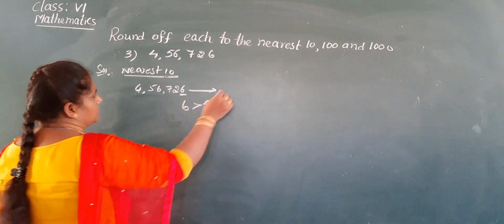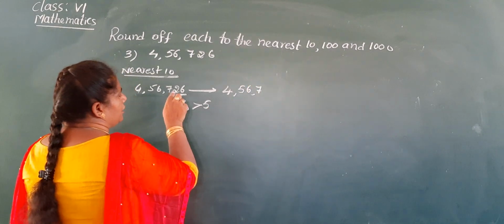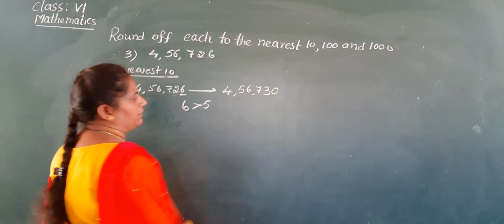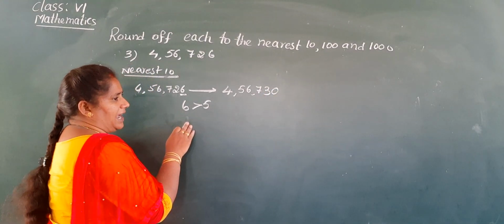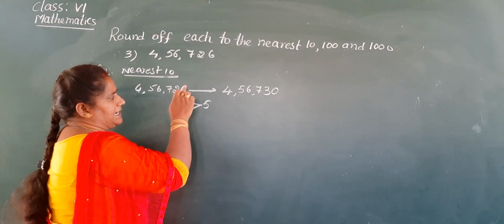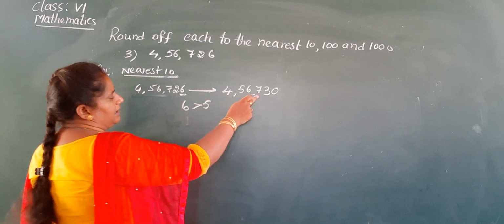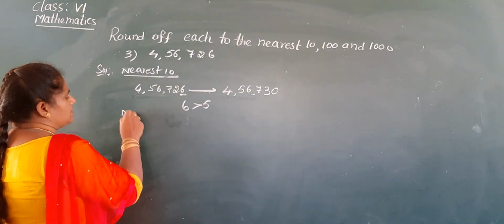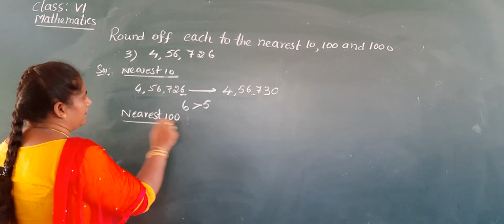The remaining digits we will write, 4,56,7. 2 becomes 3. And in the units place we keep 0. Finish. The digit is greater than 5, add 1 to the tens place and keep 0 in the units place. The remaining digits are the same. Finish.